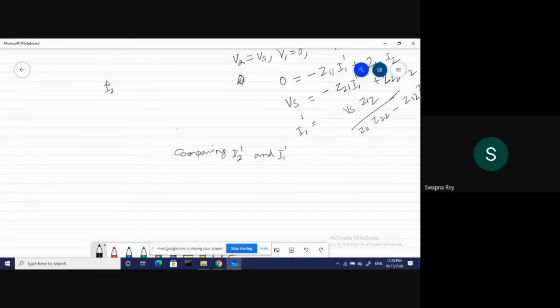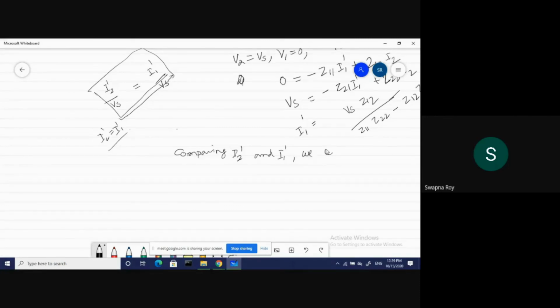First, I2 dash is the response, and the cause was Vs. In the second case, I1 dash by Vs. If this is the same value, that means I2 dash is equal to I1 dash. So comparing I2 dash and I1 dash, we get the condition of reciprocity theorem.